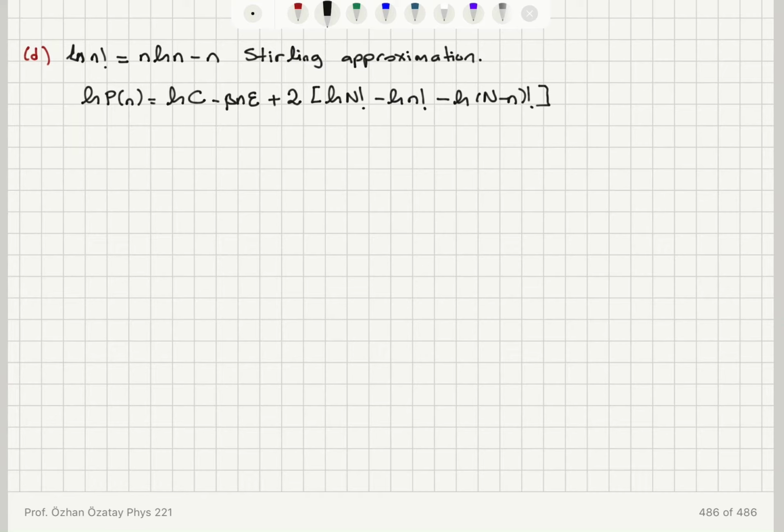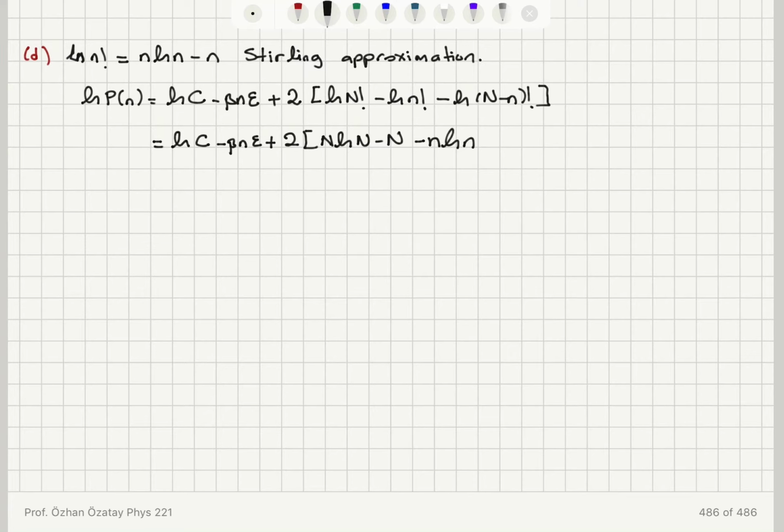So this will give me, if I apply the Stirling approximation, natural logarithm c minus beta n epsilon plus 2 times: the Stirling approximation for the natural logarithm of capital N factorial is capital N natural logarithm capital N minus capital N, and the Stirling approximation for the natural logarithm of n factorial is now going to be, with the minus sign, minus n natural logarithm n.